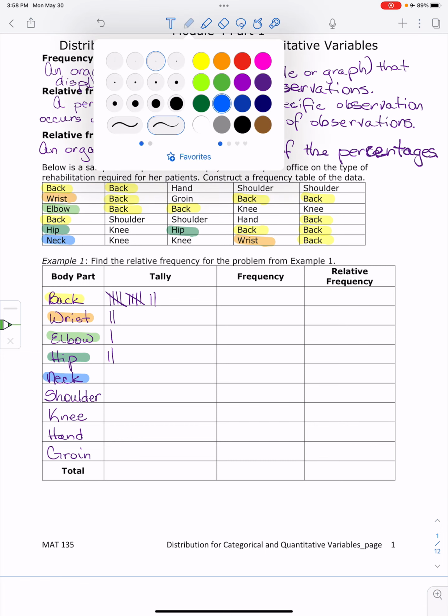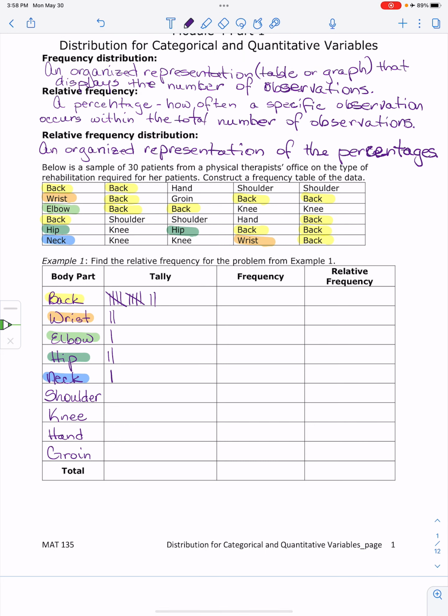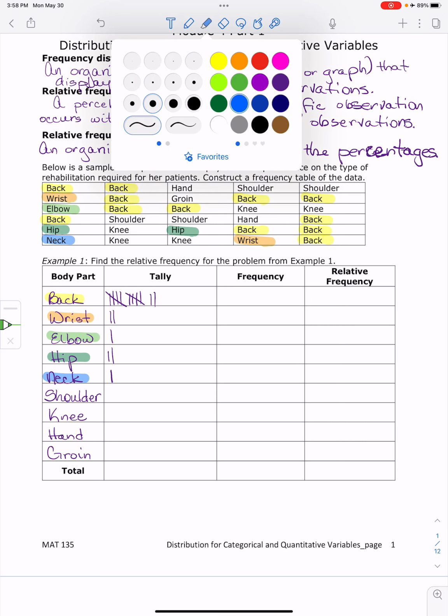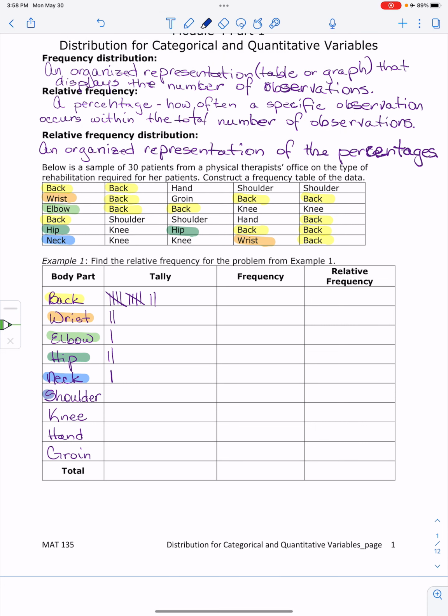I don't see anything else. Shoulder, 1, 2, 3, 4.